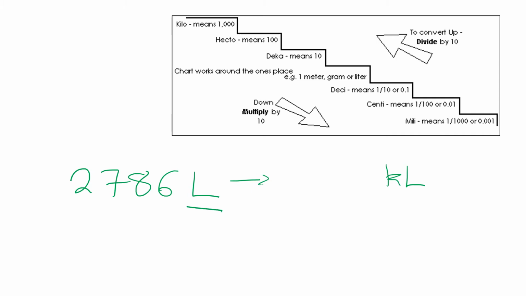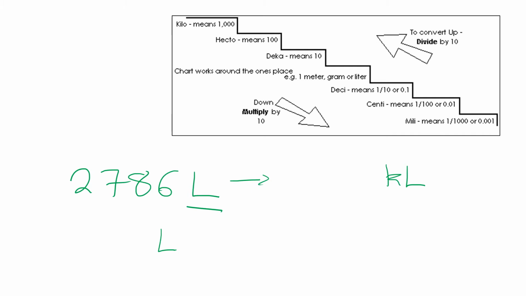Well, we're starting with liters. Oh, and as a short side note, liters is always written abbreviated with a capital L, because if you write it lowercase l, then it looks like a 1, and you're not sure what you're writing, so always write liters as a capital L. So we're starting at liters. We have 2,786 liters.